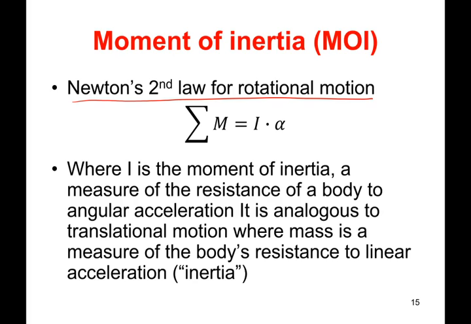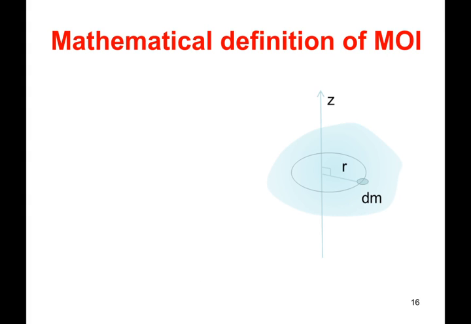Mass was the resistance of the body to linear acceleration, but I, the moment of inertia, is a measure of the resistance of the body to angular acceleration. It is analogous to the translational motion, where mass is a measure of the body's resistance to linear acceleration.